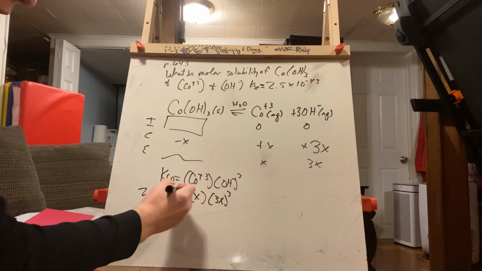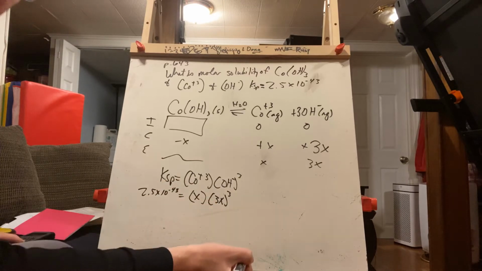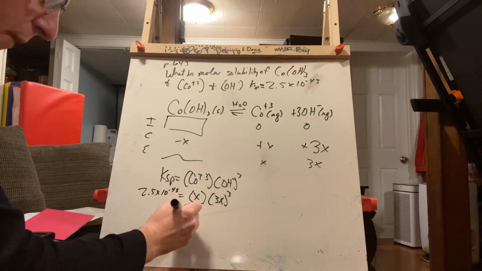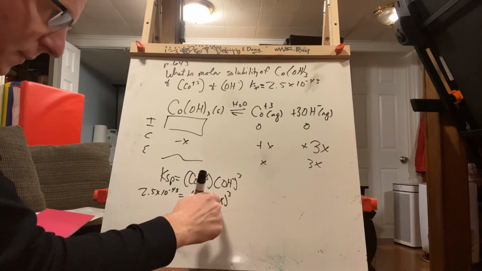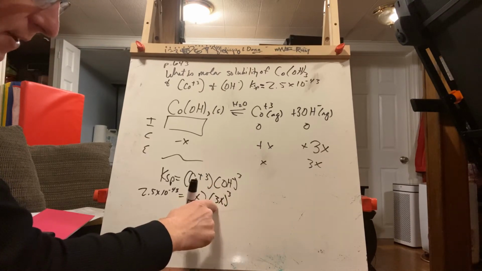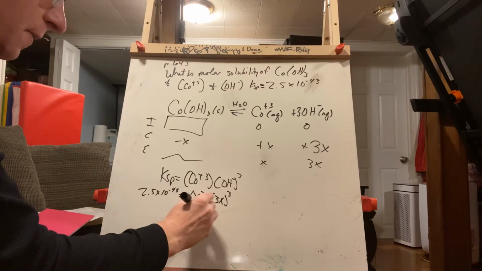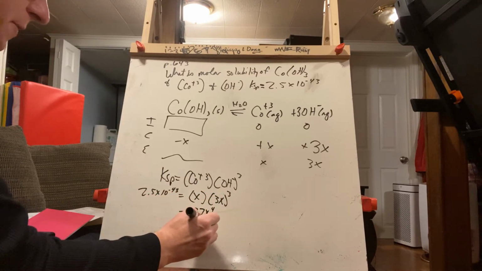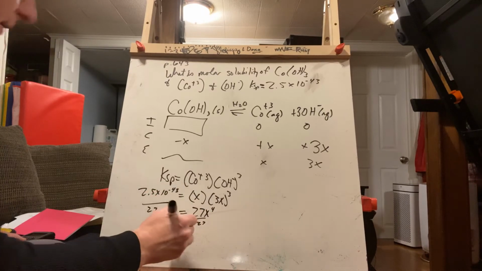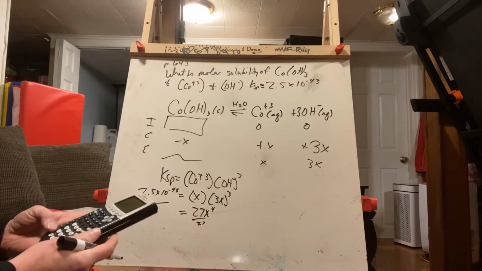I'm going to do this out for you, but I know most of you are just going to throw this into the 89. 3 cubed is 27, so this is 27x to the 4th equals that. Divide by 27.